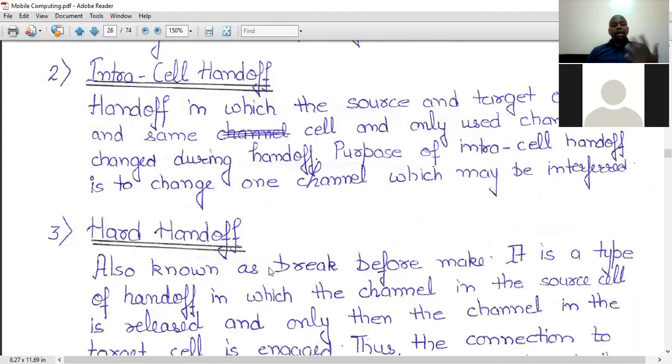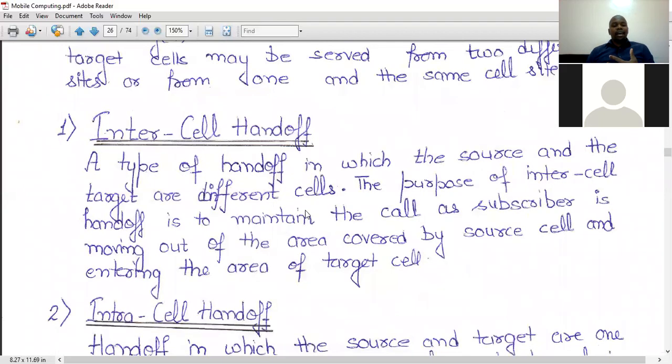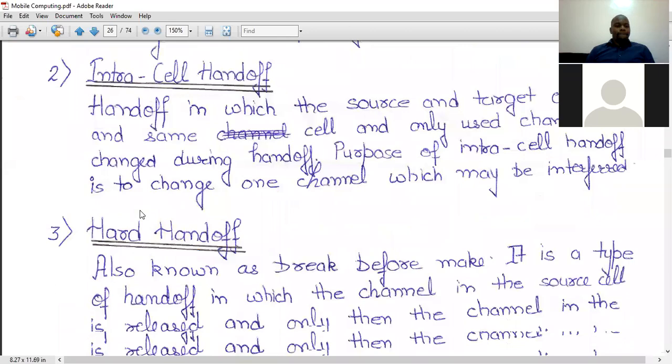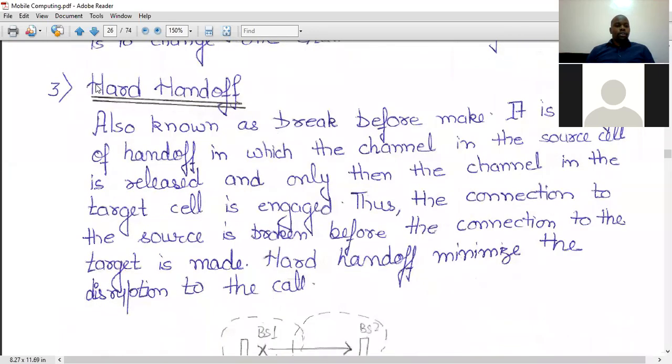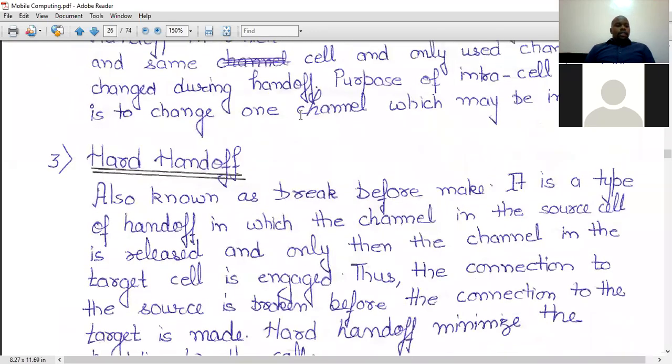Therefore, when that happens for intercell handoff, you can't know that you have moved from one cell to another, because you will not even feel or know that there is a handoff that has been initiated by a base station controller. You can't know, because it is in the prerogative of the base station controller.